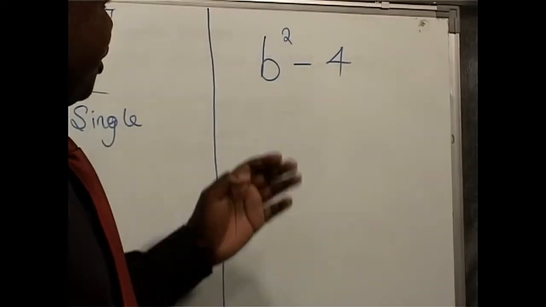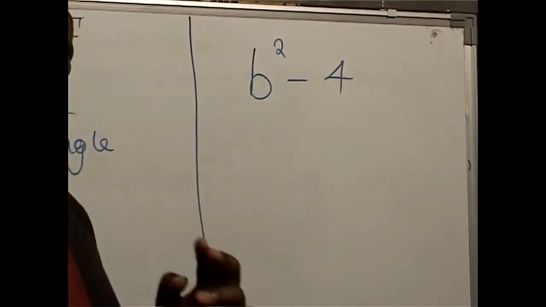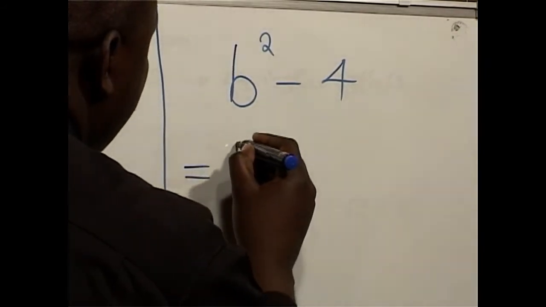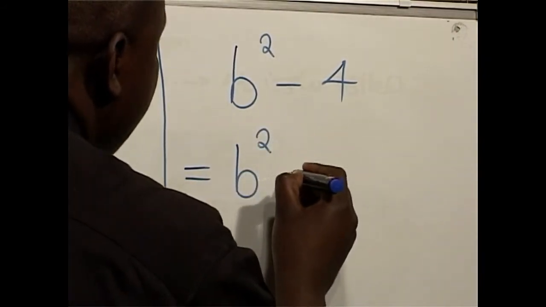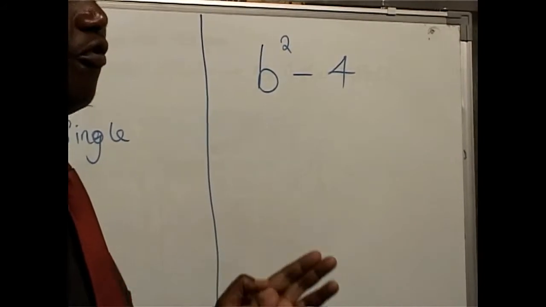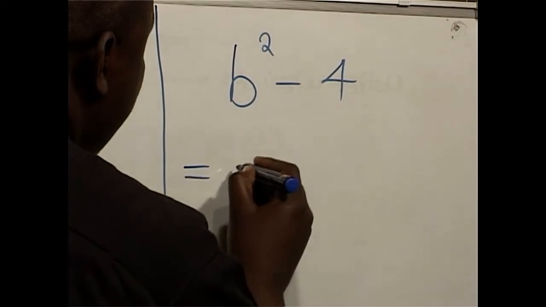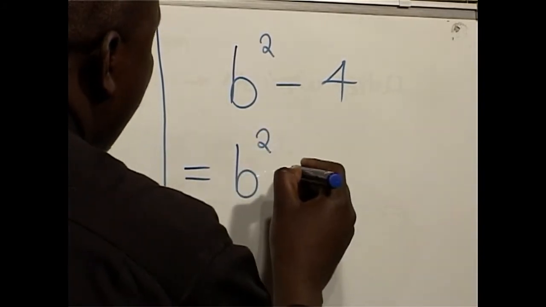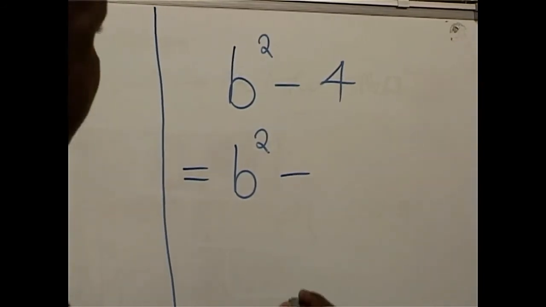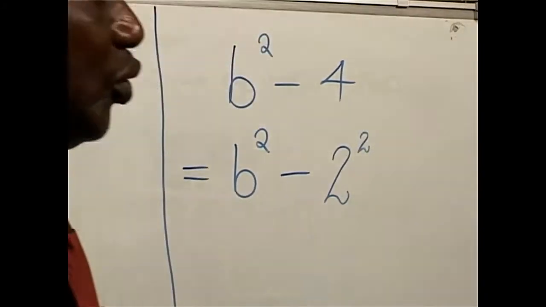Those of you who are familiar with this expression, you are going to appreciate that it is a difference of two squares, meaning on the left of the minus sign, we have b squared. On the right-hand side, we have 4, which is a perfect square and can be written down as 2 to the power of 2.